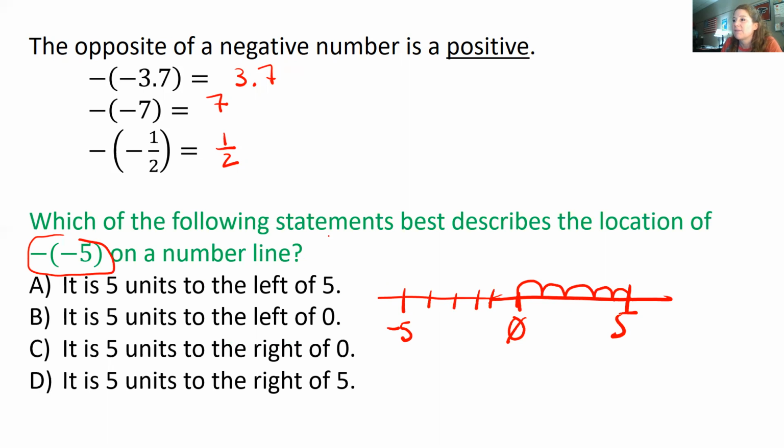It's actually +5, isn't it? Is it 5 units to the right of 0? If this is our starting place and we move 5 to the right, 1, 2, 3, 4, 5, is that the location? Yes, of course it is. So C is the right answer. D is not correct. D would actually be worth +10, right?